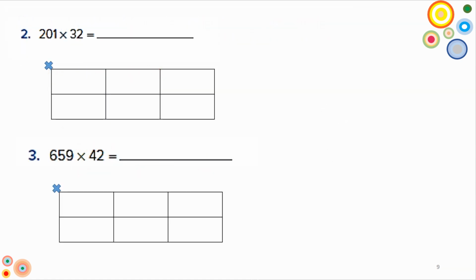Try by yourself to decompose 201 times 32. Okay, split each number into, you have now 3 digits, so into 3 parts, and you have 200 plus 0 plus 1 for 201, and 30 plus 2 for 32.